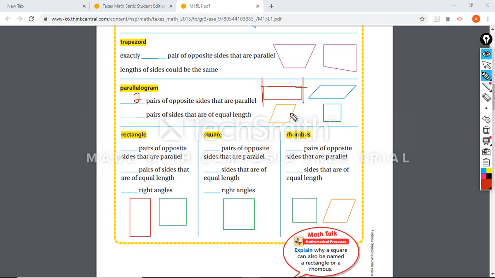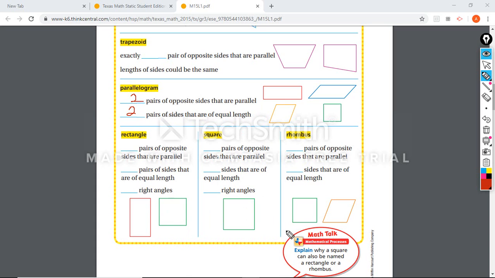This one's equal length to this one. That's one pair. This one is the same length as this one. That's another pair. So they have 2 pairs of sides that are equal length, and 2 pairs of opposite sides that are parallel.